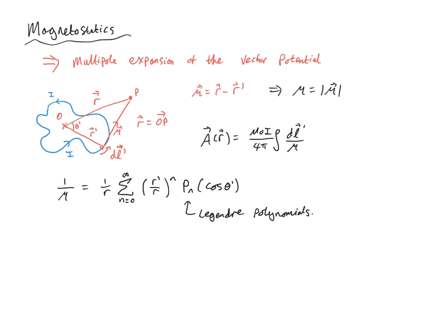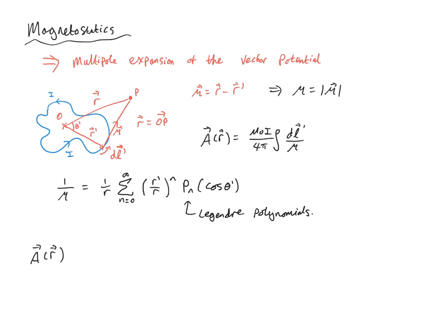For each term in the sum, n equals 0, n equals 1, and so on, we have a different Legendre polynomial, P0, P1, P2, and so on, and the argument of the Legendre polynomial is cos theta primed. That might look a bit horrible, but let's plug it into our expression for the vector potential and see what we get.